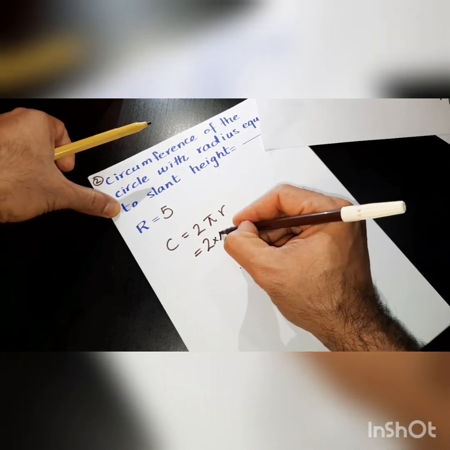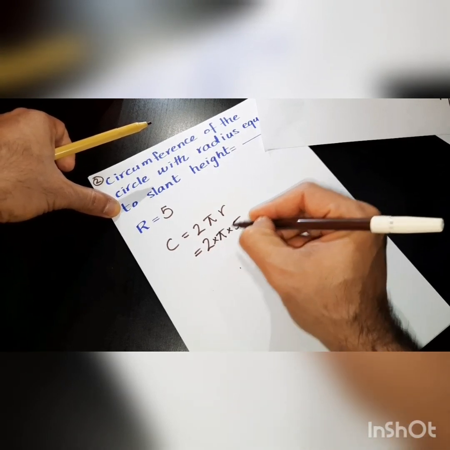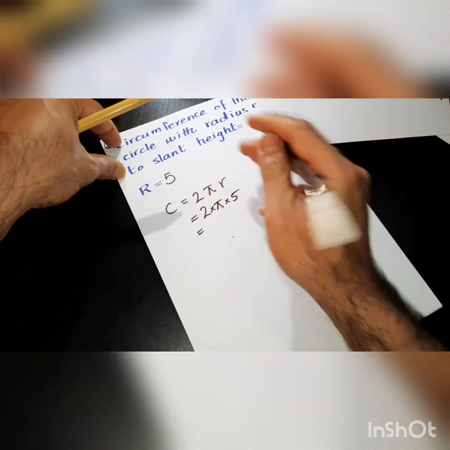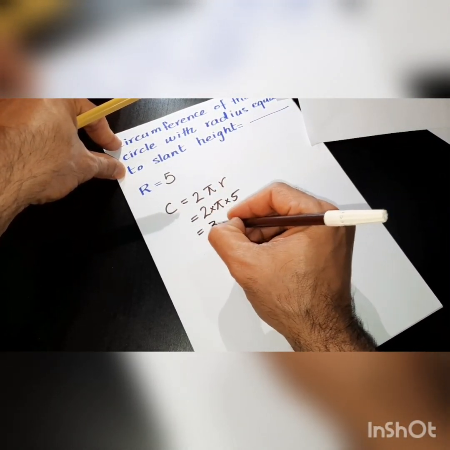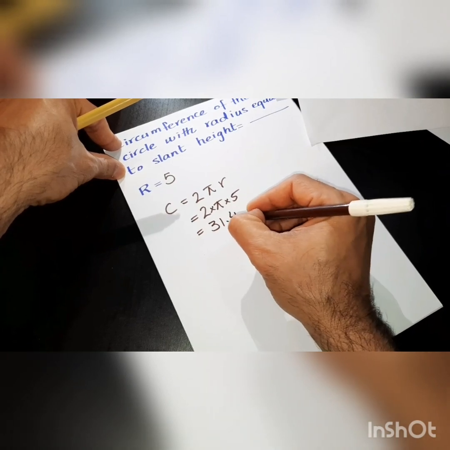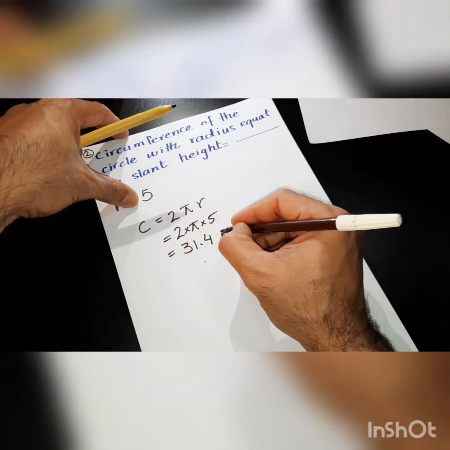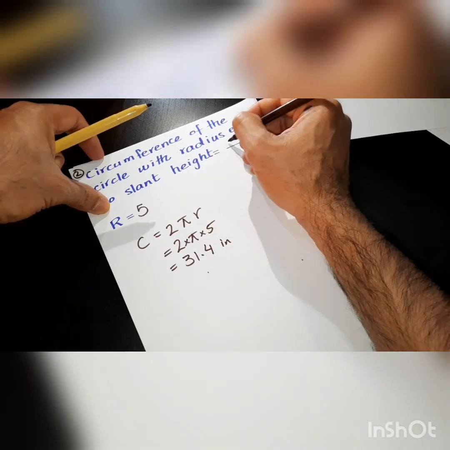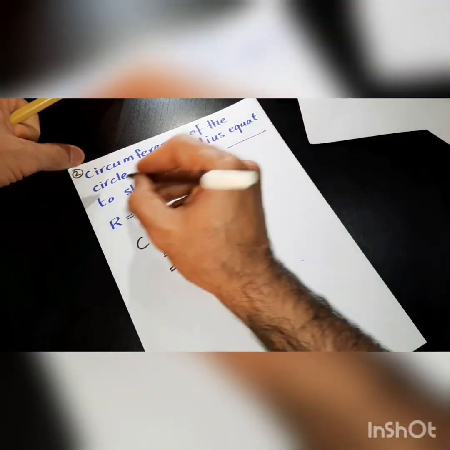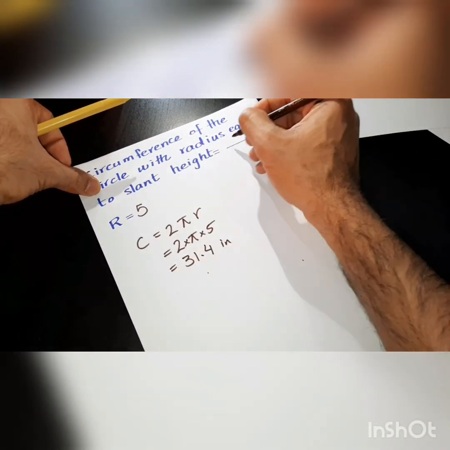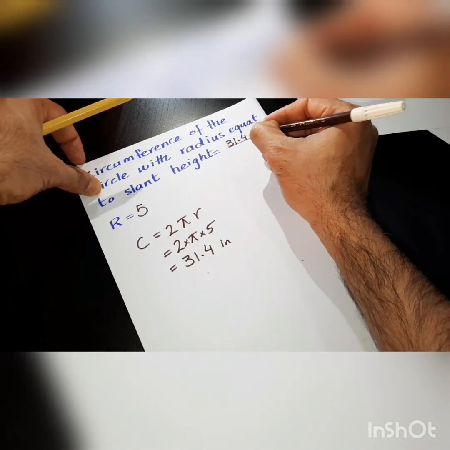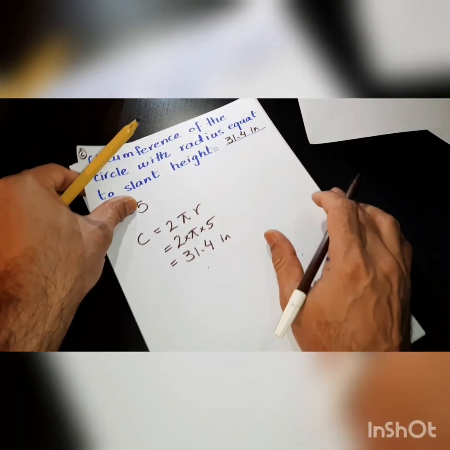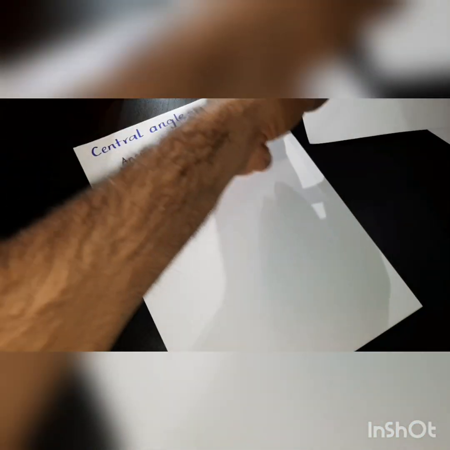Substituting, 2 times pi times 5, and if you use your calculator, this will be equal to 31.4 inches. So the circumference of the circle with the radius equal to the slant height is 31.4 inches.